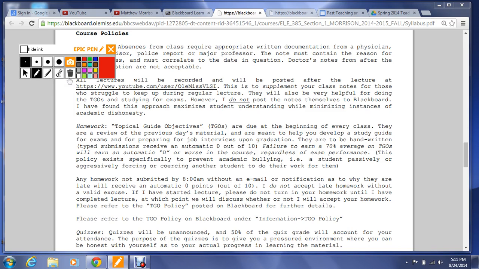But the second part of number 6 is what should you do if you can't make it to class on time? I am very understanding. If you send me an email, you have my email, it goes straight to my phone, saying I can't make it to class, I'm running late, I'm in traffic, that's fine. What I don't want you to do is show up 15 minutes late and then try to hand me the homework assignment.